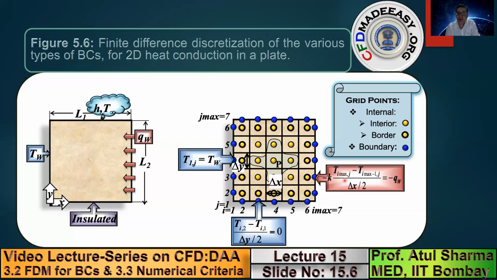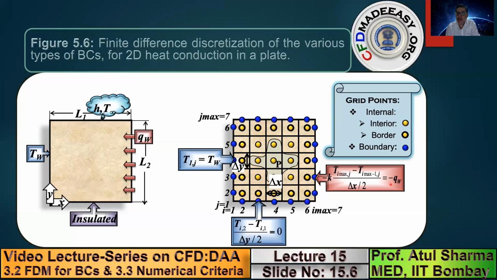So from this, we obtain an expression for the temperature at Imax as a function of Imax minus 1. Note that for insulated boundary conditions, the temperature at all these blue circles is a function of the yellow circle. Whereas in this case, the temperature of this blue circle is equal to the respective yellow circle values, plus some value. Because here you can get T(Imax) is equal to T(Imax minus 1) plus Qw delta x by 2k.